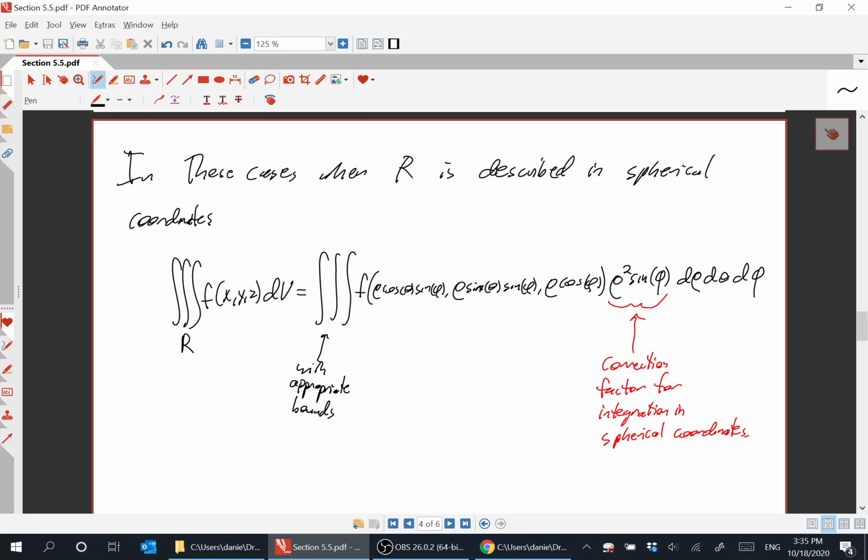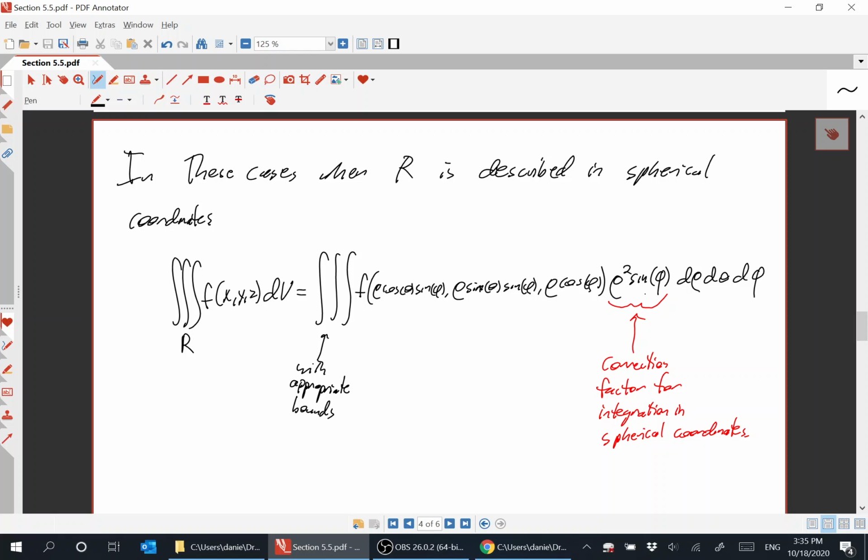It's right here. Just like there's a correction factor for the conversion from rectangular coordinates to polar coordinates, or rectangular coordinates to cylindrical coordinates, right? And that correction factor was just r itself.